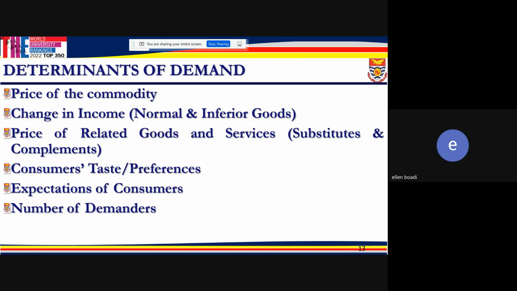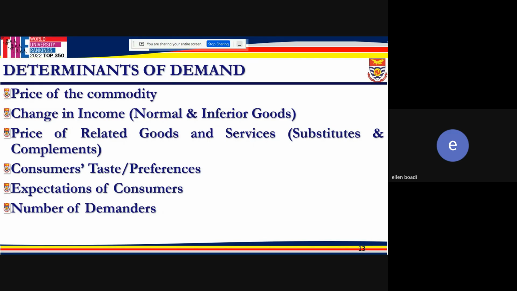And if quantity demanded of cars falls, because the car and the fuel are complementary goods, it means the demand for the fuel will also fall. If you are buying fewer cars, it means we'll be buying less fuel. We call that complementary relationship.